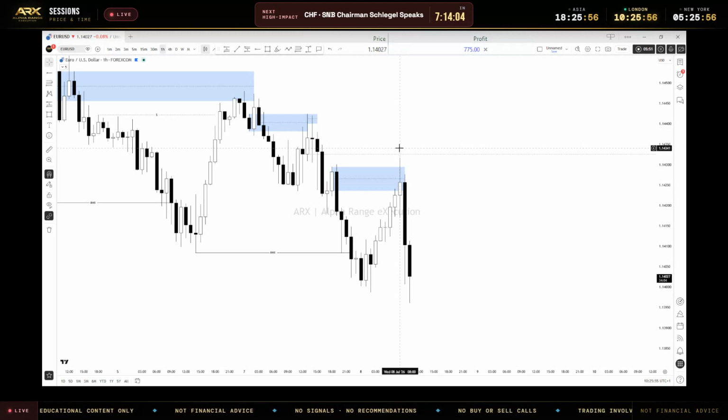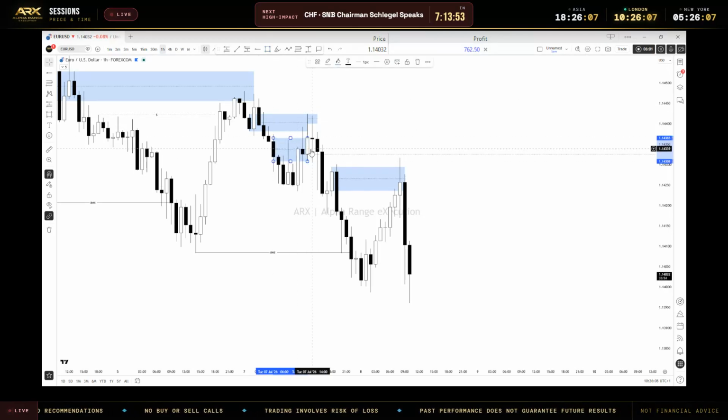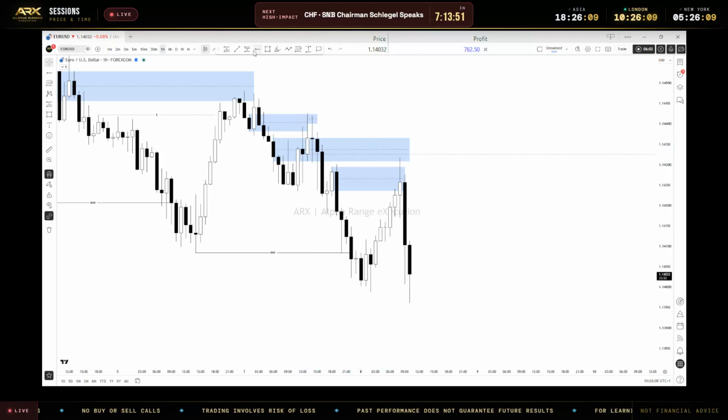As London opened, the market swept the level very close to the top here, but you can take that into consideration because that's the candle, that level, that's been holding the market's tops. You take this into consideration as a trap and as a liquidity. The market takes the liquidity.